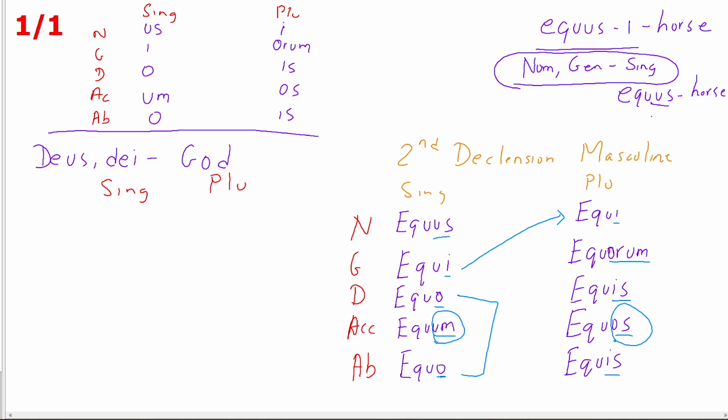So before starting, which two cases are indicated here? Deus would be nominative singular, Dei genitive singular. Okay, so you have nominative singular and genitive singular.